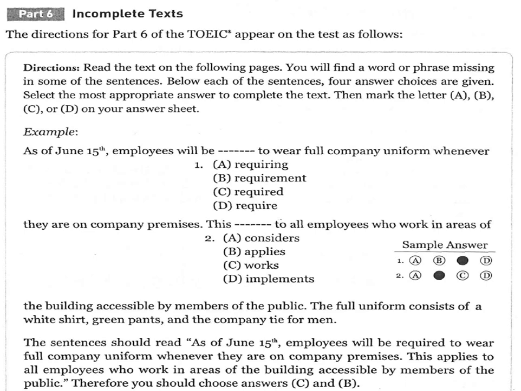If you write will be, then after that comes the past participle, with to or ed at the end for regular verbs. This applies to all employees who work in areas of the building accessible by members of the public. So this actually works for all employees. That's the meaning of this.